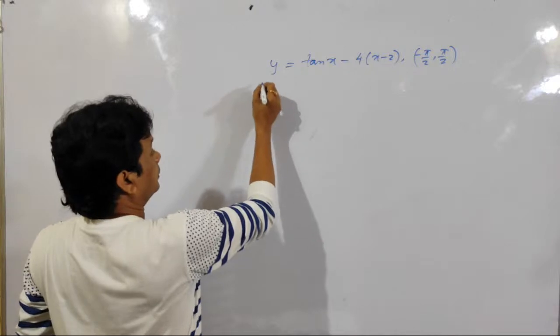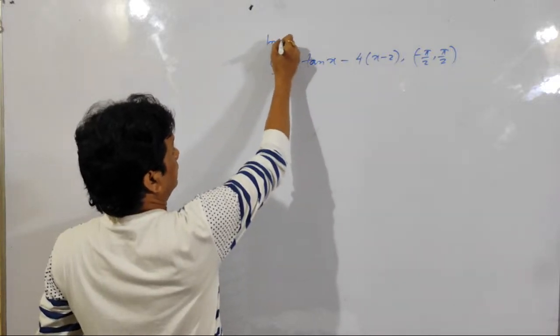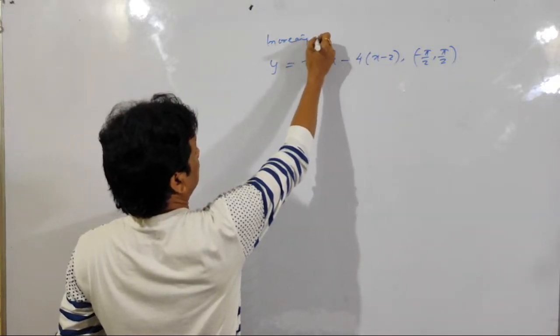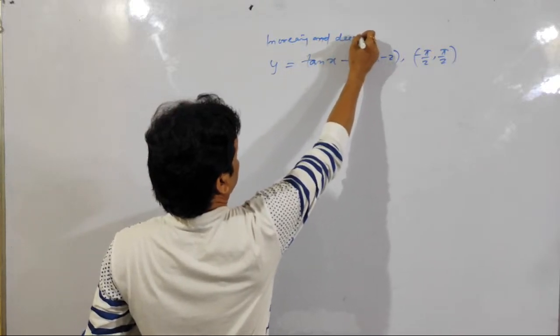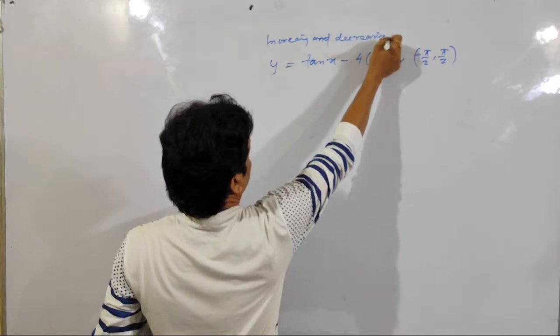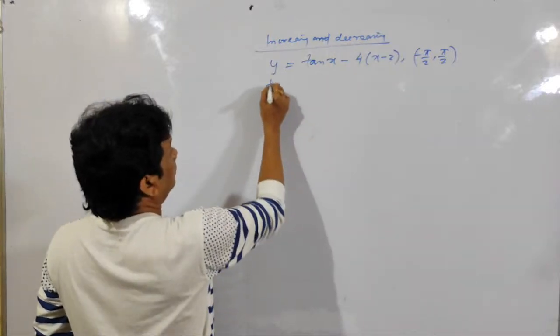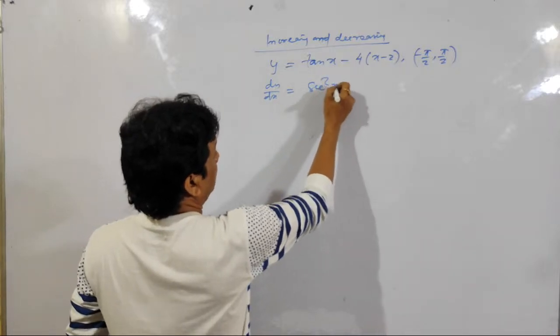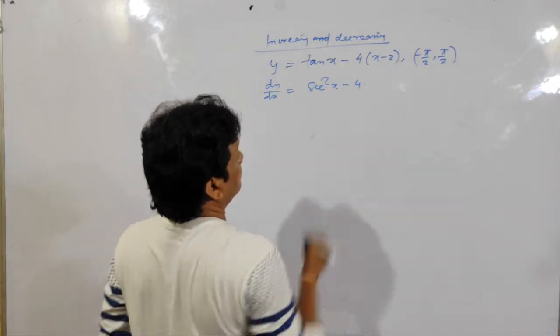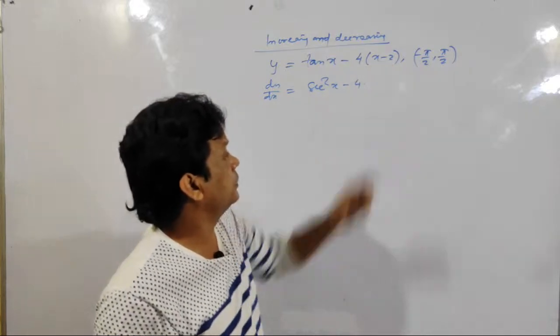See here, this question is for increasing and decreasing. Here dy by dx is equal to sec square x minus 4, where the derivative of x minus 2 is 1.